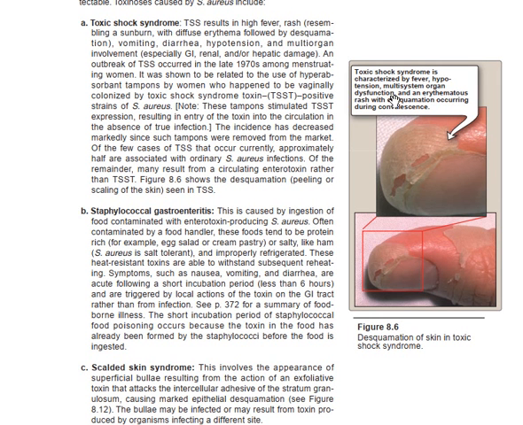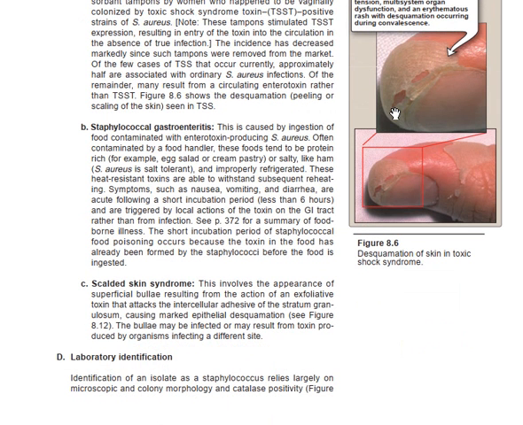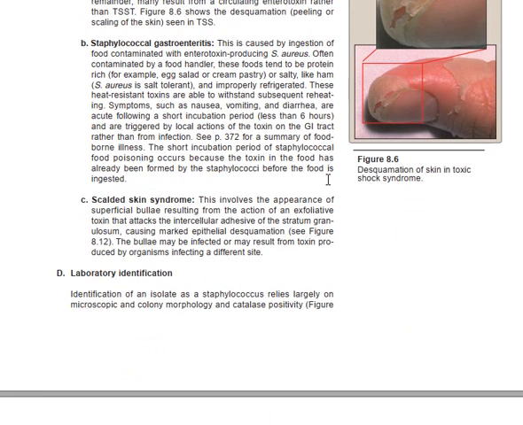The patient is going to have tachypnea and tachycardia. Is it clear? Multiple organ dysfunction, and you have an erythematous rash with desquamation occurring during convalescence. Is it clear? So that's another one. That is the desquamation that you can visualize.